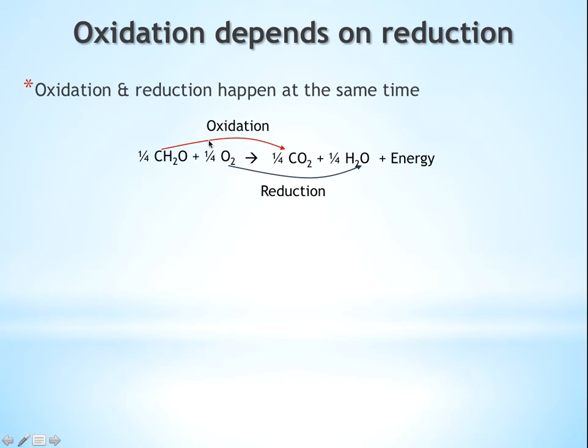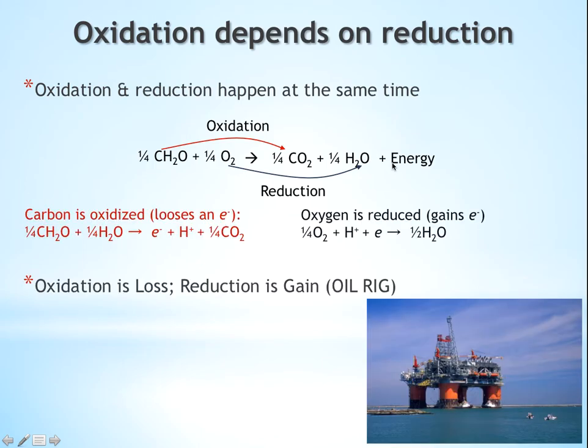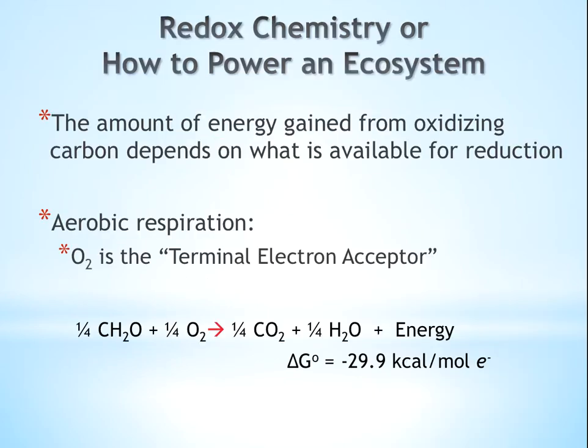We oxidize carbon to carbon dioxide, and we reduce oxygen to water, and that releases energy, as it shows you right here. And here's a little mnemonic that I actually still use to this day: oxidation is loss, reduction is gain, or OIL RIG. You can use that to try to remember if you have issues with that sort of thing, like apparently I do.